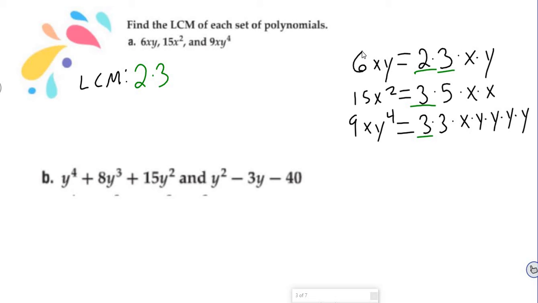I'm missing another 3 because how many times does it appear in 9? Twice. So I have once, and then twice. So the greatest number of times it appears is twice. Okay? So then our next factor is x. What's the greatest number of times that one appears? Also twice. So what's the other way that we can write x twice? X squared.